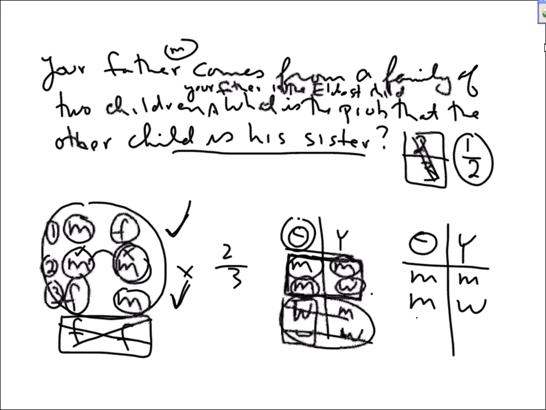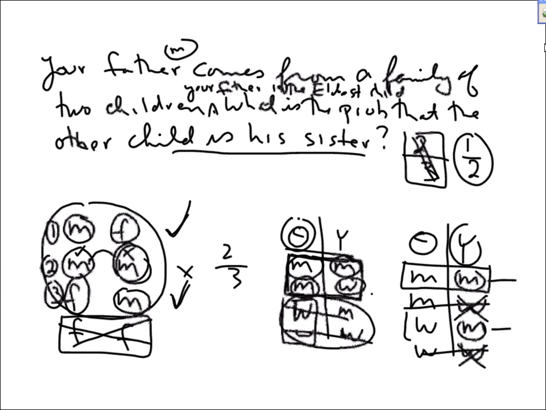Let's suppose the youngest is a man. So these are the same 4, and then I'm going to reduce it. The youngest is a man. That one's okay, that one's okay, because it's a man. But these 2 get knocked out, because the youngest is a woman. So we're only left with this one and this one.